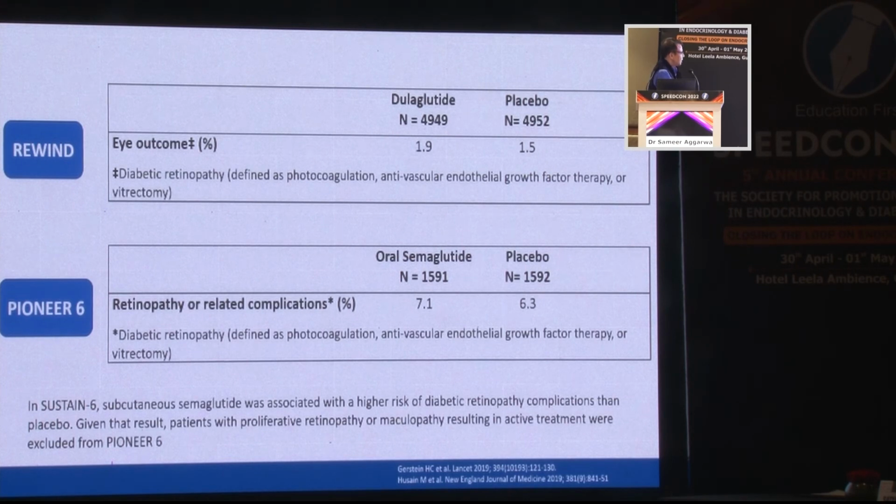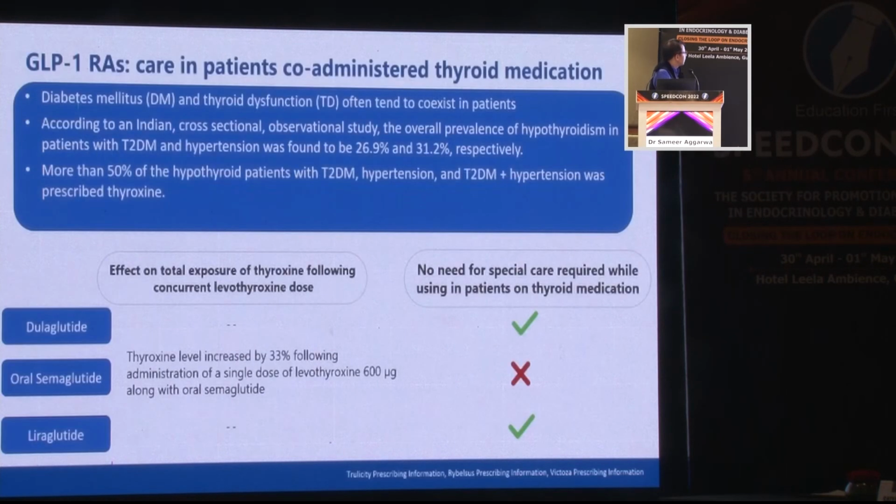Dulaglutide, it was not significantly there. If we talk about PIONEER with regards to oral semaglutide, numerically it was higher in the oral semaglutide arm as compared to the placebo arm, but significantly it was increased with injectable semaglutide in SUSTAIN 6.